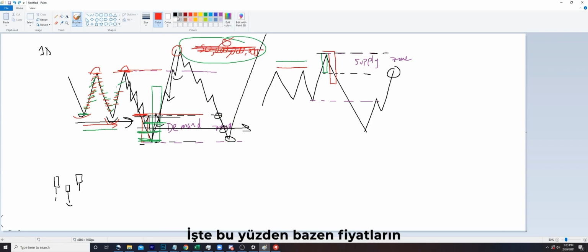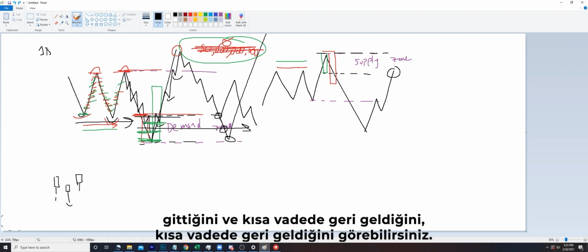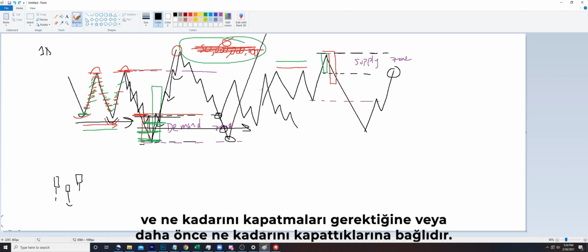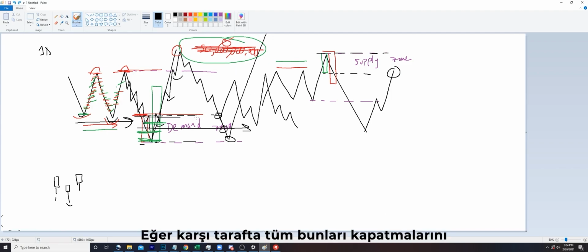That is also why you can sometimes see prices go off and come back in short term. It's all dependent on how many positions they had and how much they need to close, or how much they closed prior, right? If there were enough people on the opposite side to close all of these out when they got here, then fantastic. They're good. They can close out.